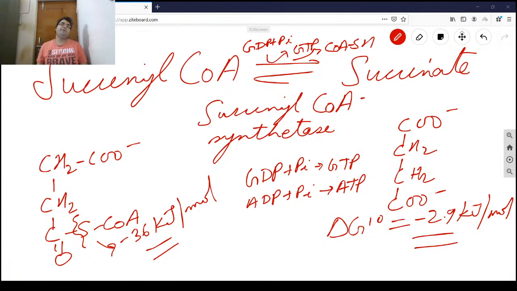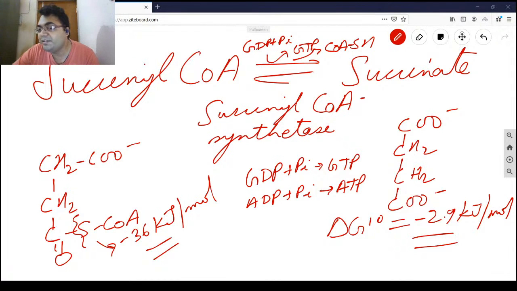So here GTP is being produced. That is why the enzyme is synthetase. Always keep in mind that is why the enzyme is synthetase here, because GTP is being produced, so that energy is being used up to form GTP.